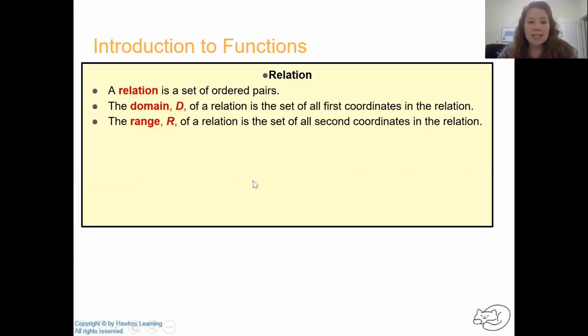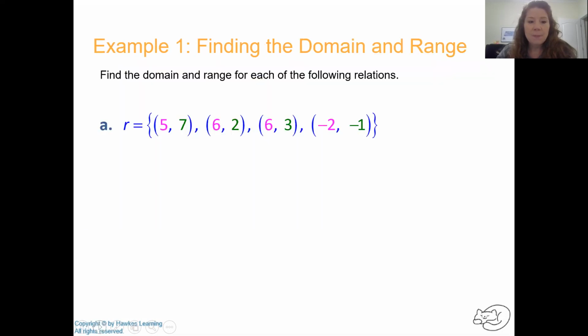So a relation is any set of ordered pairs. The domain is all of the first coordinates, which are the X, and the range is all of the Y or the second coordinates in a relation. For example, on this problem, R equals, so that squiggly mark means this is a set of ordered pairs, so this represents a relation, and they want us to find the domain and range for the relation.